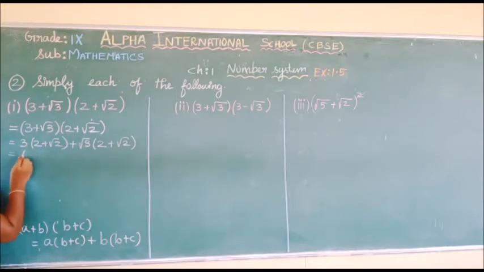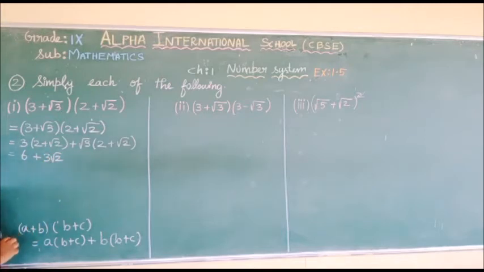So 3 2s are 6. I am taking 3 inside the bracket, so the first term should be multiplied with 3, and the second term also should be multiplied with 3. So 3 2s are 6 plus 3 into root 2, that is 3 root 2.